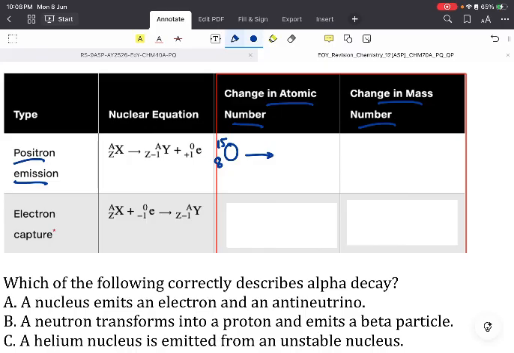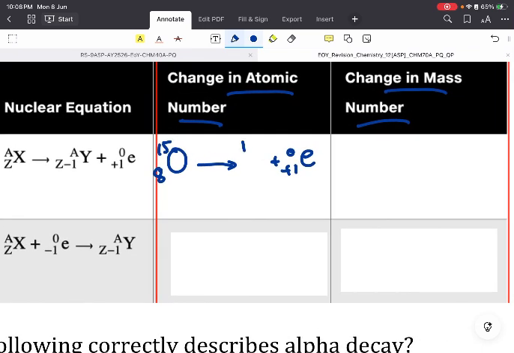So it's E 0 plus 1. Now the atom obtained is going to have the same mass number because 15 plus 0 will remain as 15. So the mass number will not change.